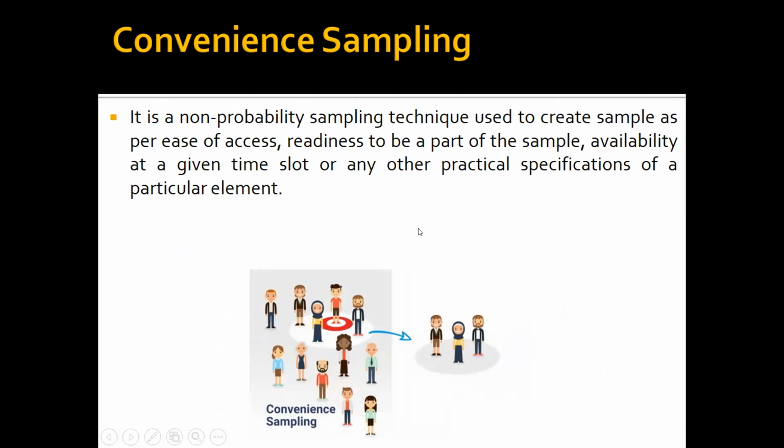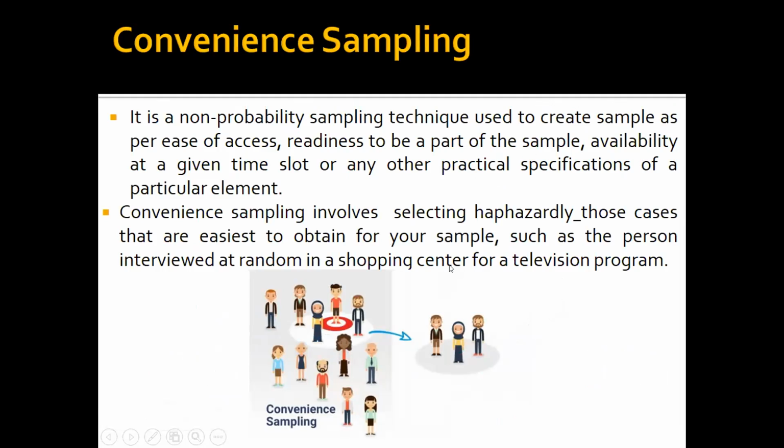This is convenience sampling. All of you might know about convenience sampling, that it is selecting haphazardly all those cases which are easiest to obtain. Particularly when we go to villages and want to interact with the communities, we just go and sit in a community hall and request the village leader or the panchayat sarpanch and some other people to please call some of the villagers.